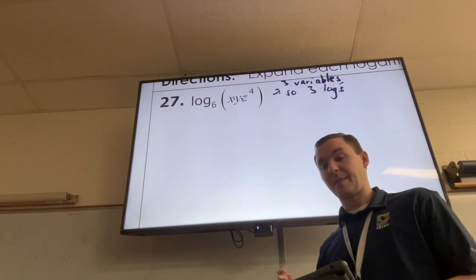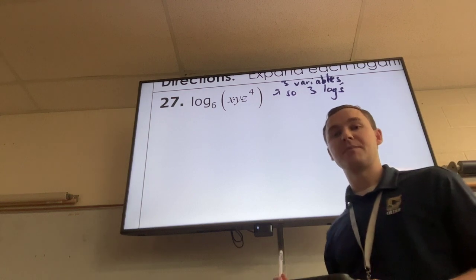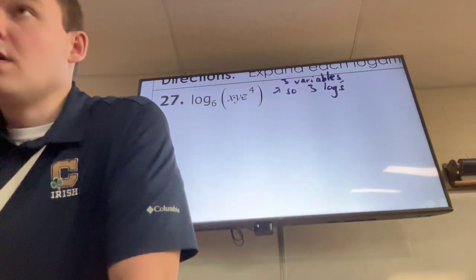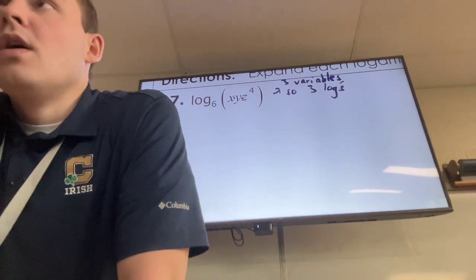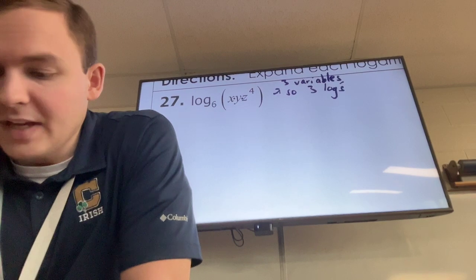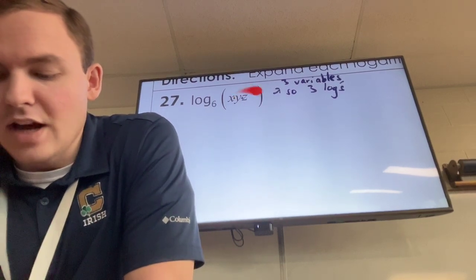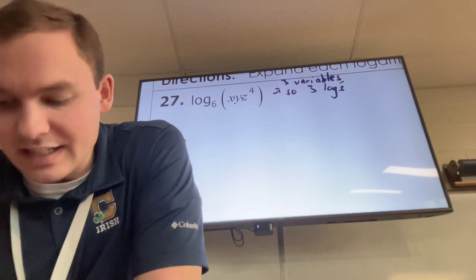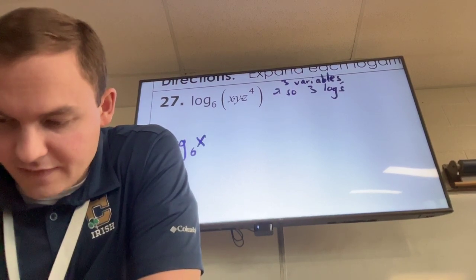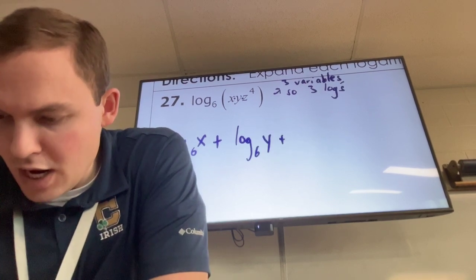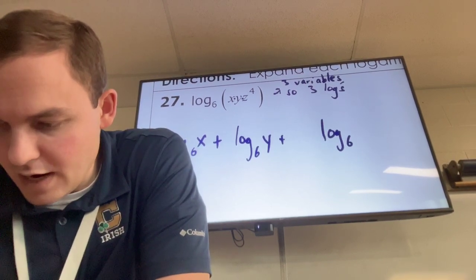So I'm going to have three logarithms. Is it going to be a sum or a difference of all the logarithms? Sum, right? When you have multiplication inside a single logarithm, you can split that up into different logarithms added together. Log base 6 of x plus log base 6 of y plus log base 6 of z to the 4th.